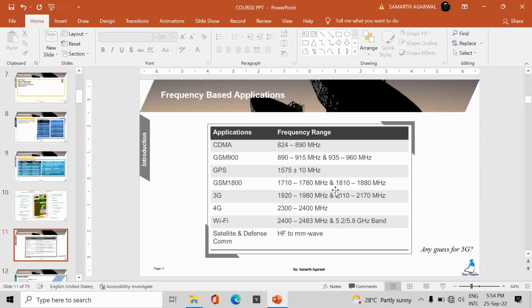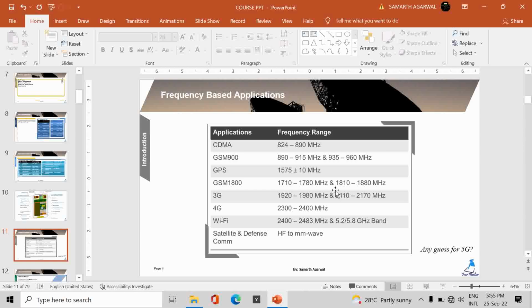So mainly I have told you these frequencies so that in order to start your design hands-on with the tool, you can take any frequency based on these applications, design it, and analyze what gains are acceptable for that communication.